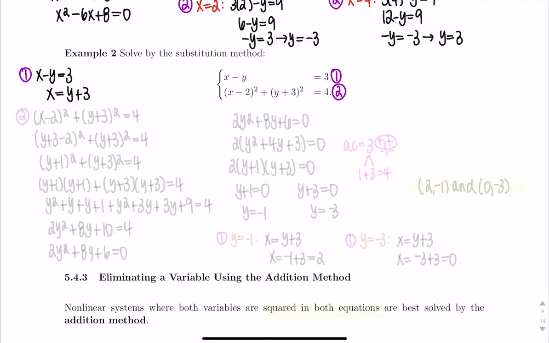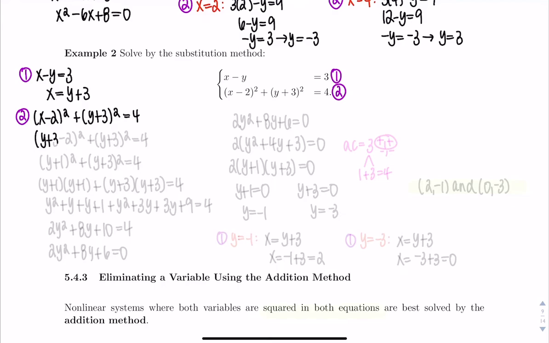Now that we have a single variable, we can plug into the second equation. Wherever we see x, we plug in y plus 3. So we have x minus 2 squared plus y plus 3 squared equals 4. Wherever I see x, I plug in y plus 3.